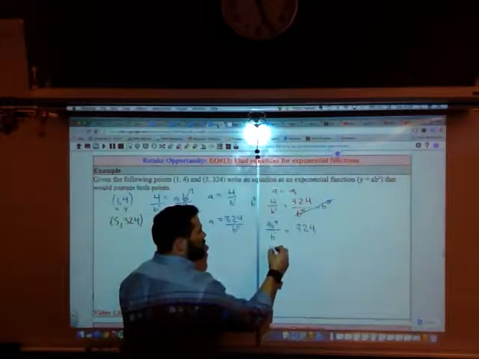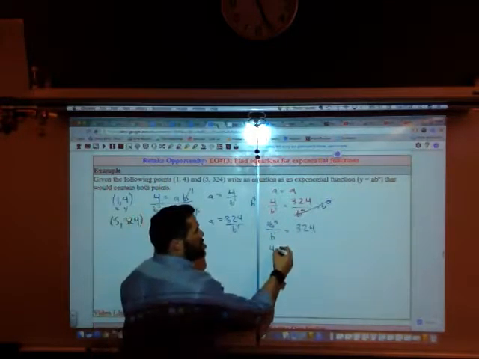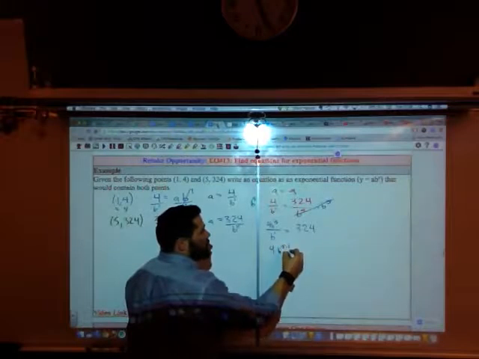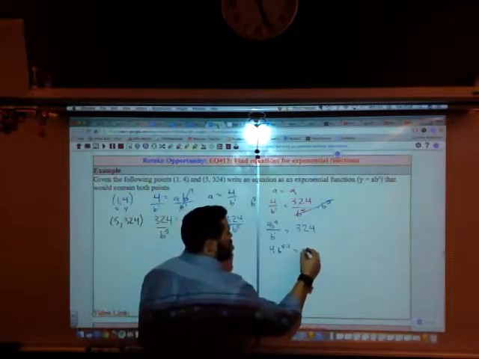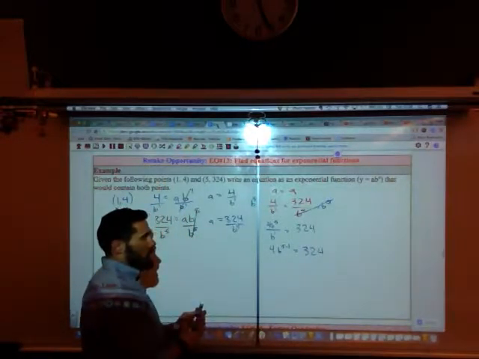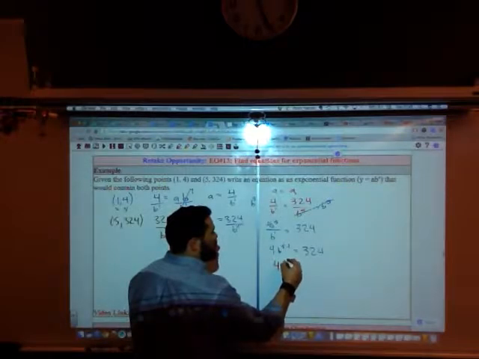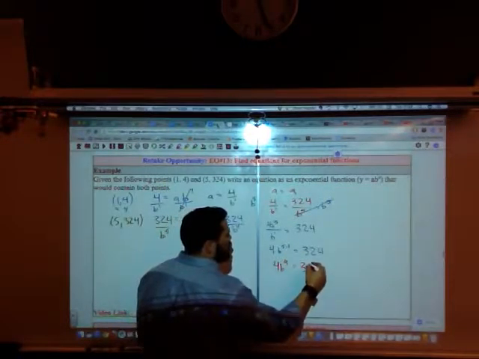So that is actually 4 times b to the 5 minus 1, which equals 324. Okay? Now I'm going to get that rewritten as 4 times b to the fourth equals 324.